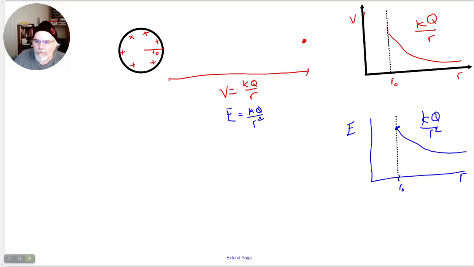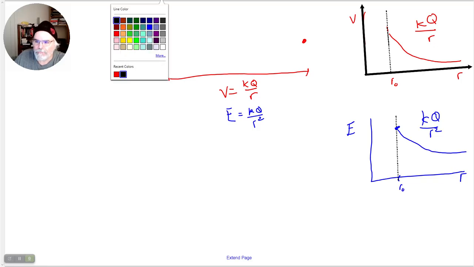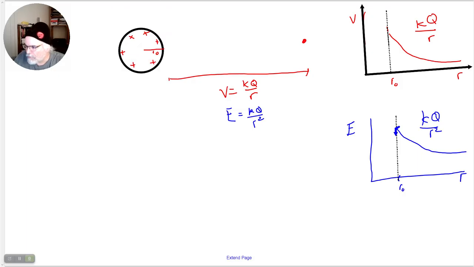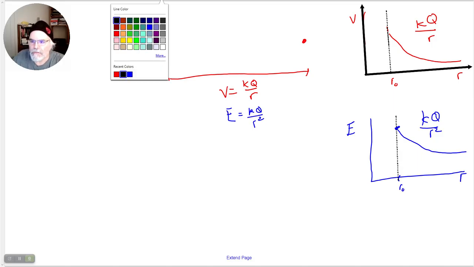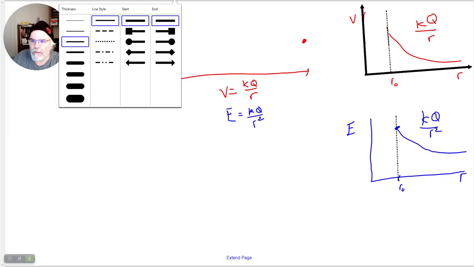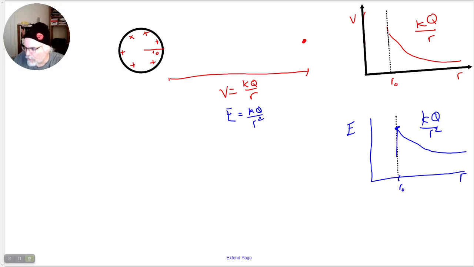So it's the electric field that drops to 0. Oh, for gosh sakes. Blue. Thin. The electric field drops to 0 at the surface.